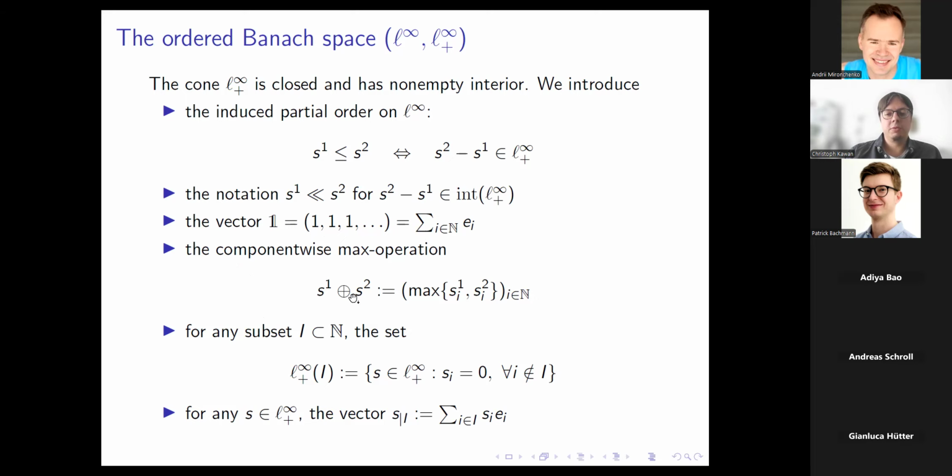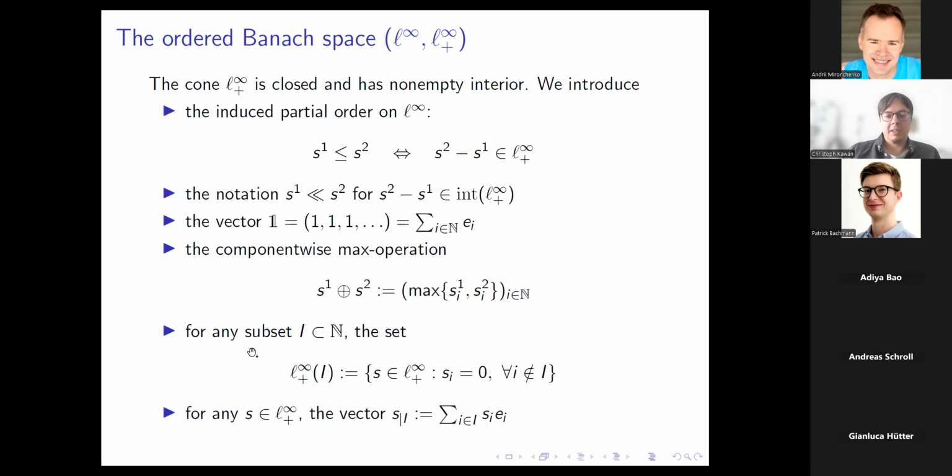If we have two vectors, S1 and S2, then this is defined as the vector whose components are the maxima of the corresponding components of the two vectors. First, this is a binary operation, but of course, you can extend it to arbitrary families of vectors by replacing the maximum with the supremum.